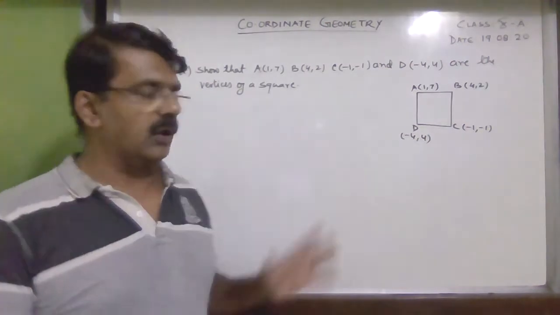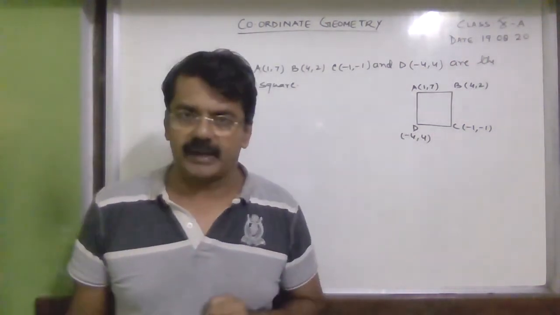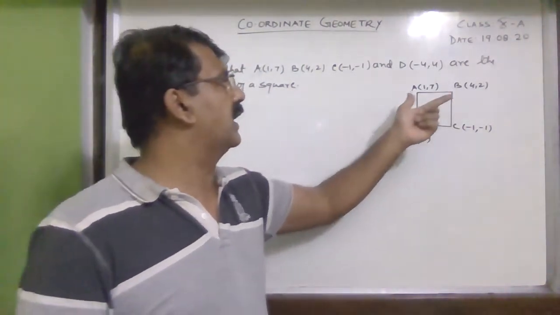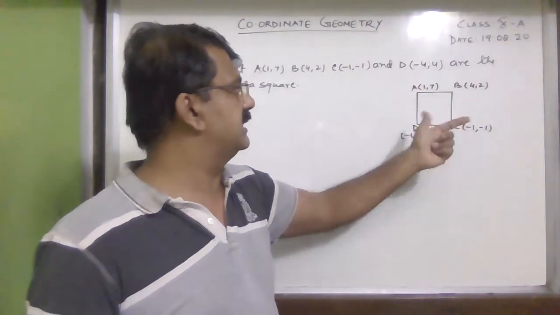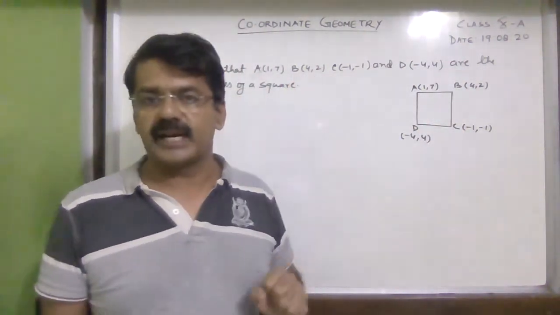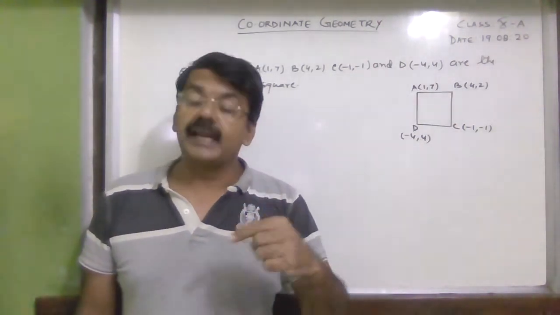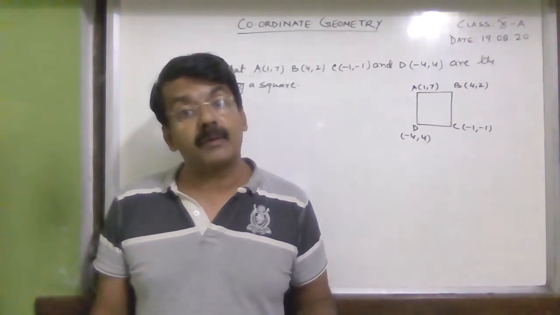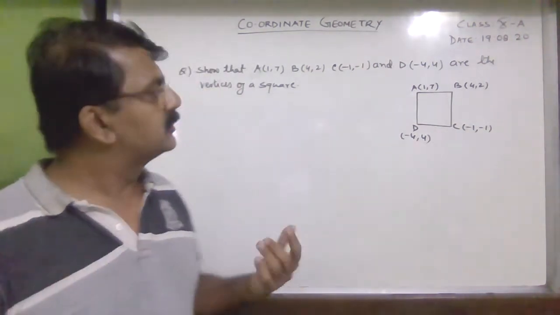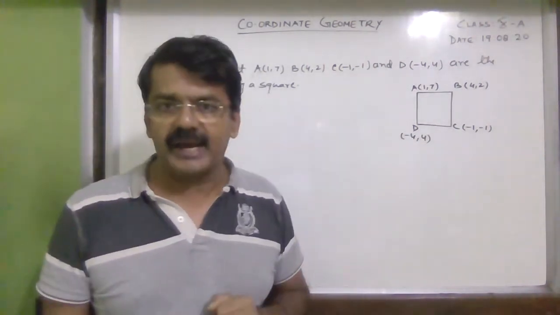Now, although I have made it a square, they are saying you have to prove that this is a square. So, using the distance formula, if you find the length AB, then BC, then CD, and then DA, if you find the length of all the four sides, and if all the four sides are equal to each other, then it can be a square or a rhombus also, because in a rhombus you know all the four sides are equal. So they are saying you have to prove that it is a square.